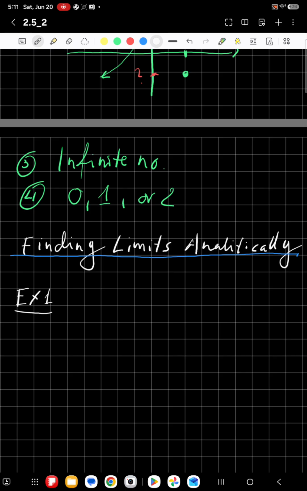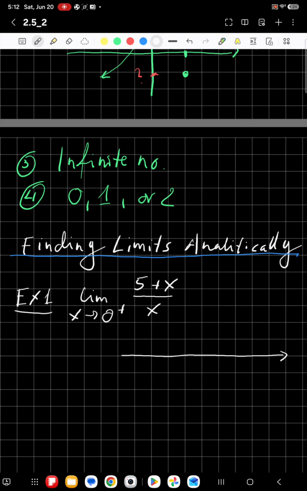So let's look at something like this. We need to figure out the limit as x approaches 0 from the right, and the function, let me pick something simple: (5 + x) over x. Okay, so let's start with showing you the situation on the number line.